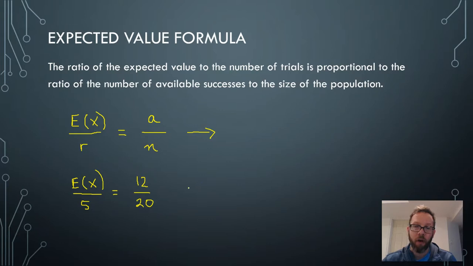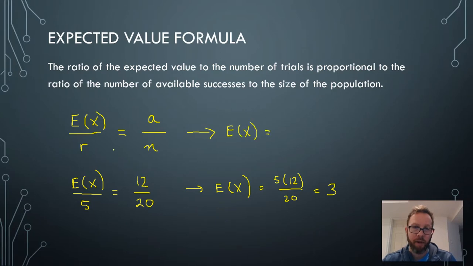And now to solve that proportion, we just multiply up the 5. 5 times 12 divided by 20, which is 60 over 20, which is 3. In general, to get the expected value, you just multiply up this R, and you get this formula, R times A divided by N. And so you can see intuitively why it works.